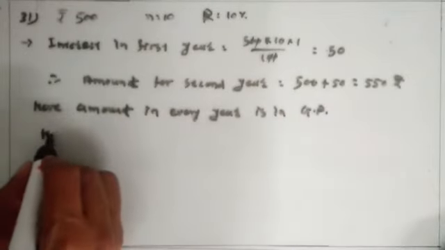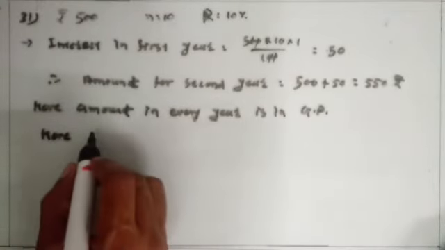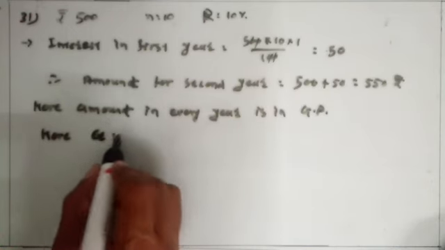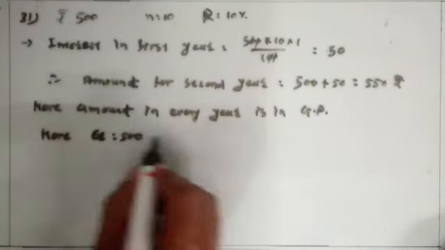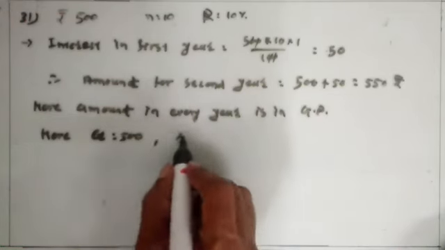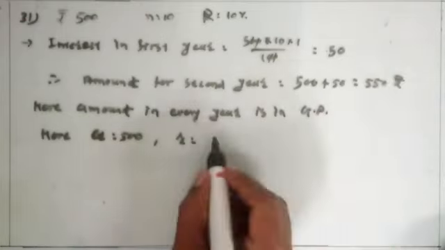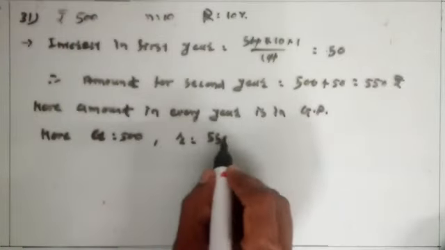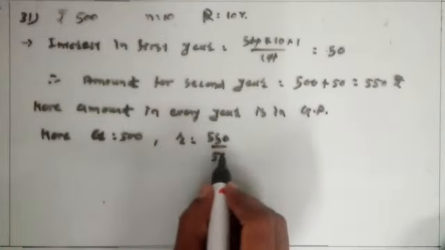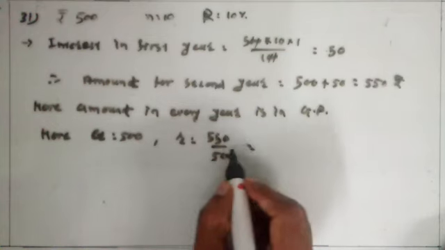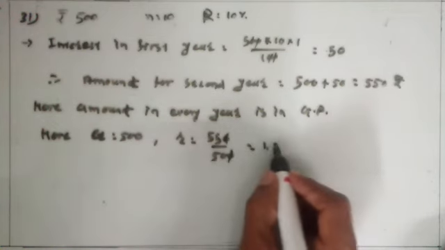For the given GP, the first term A is equal to 500, and the common ratio R is equal to 550 upon 500, which is equal to 1.1.